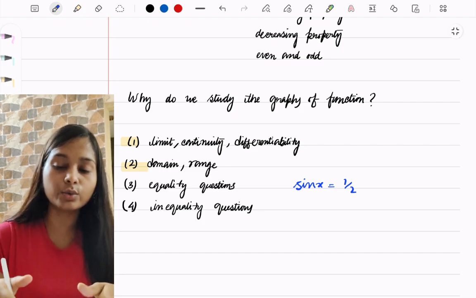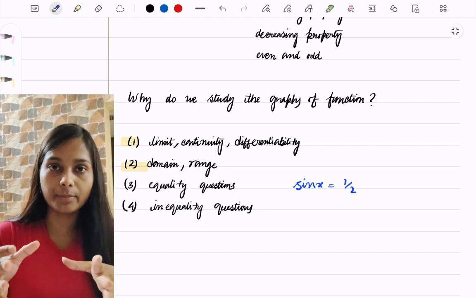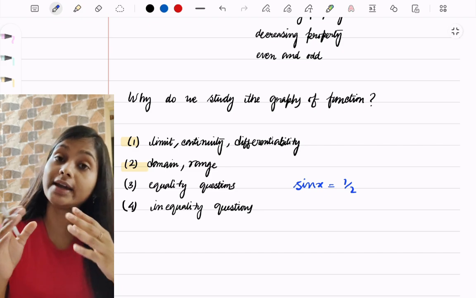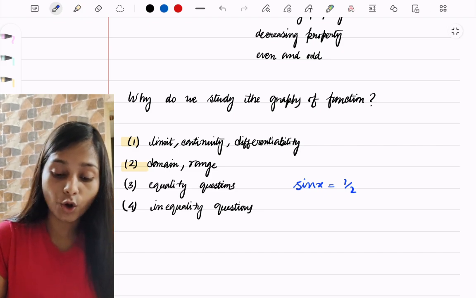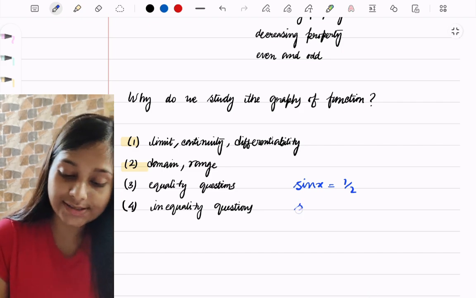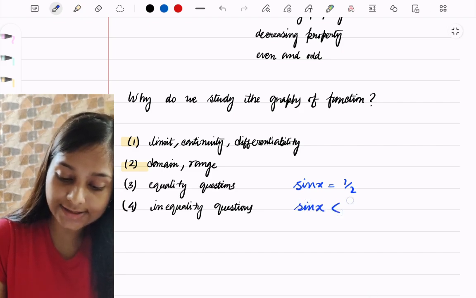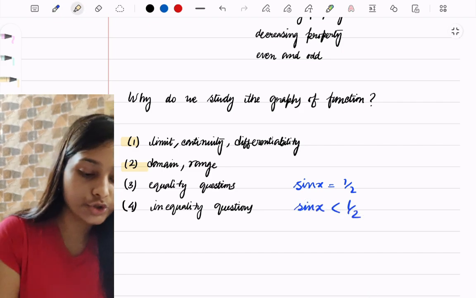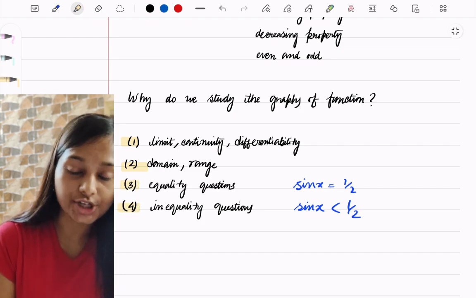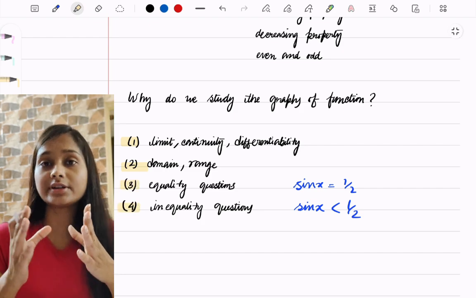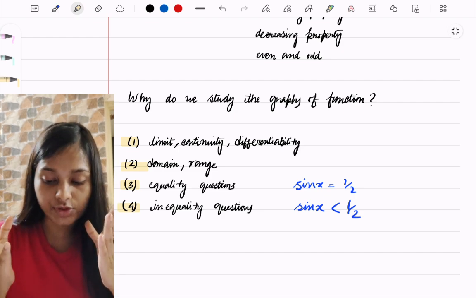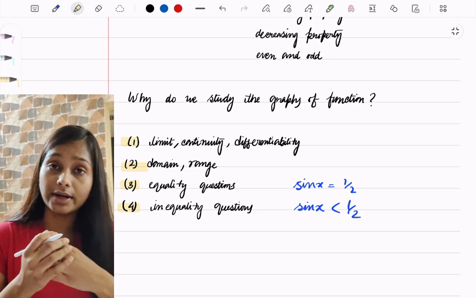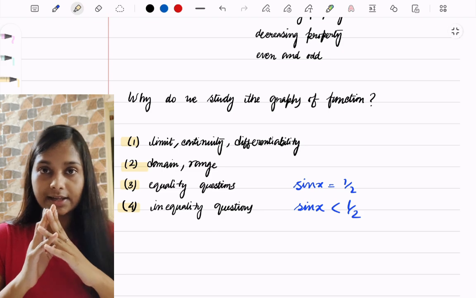Obviously we can calculate it using the normal calculation techniques, but we can also solve it using the graphs, and also inequality questions like sine x less than half. For these inequality questions, we will obtain different regions. So we can also conclude those inequalities using graphical techniques.